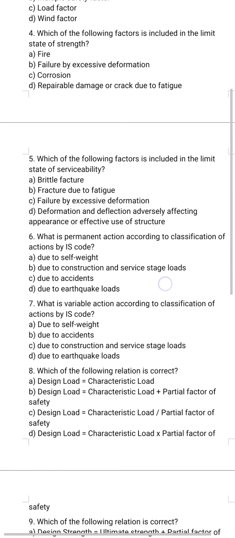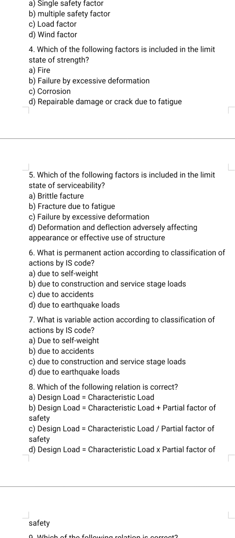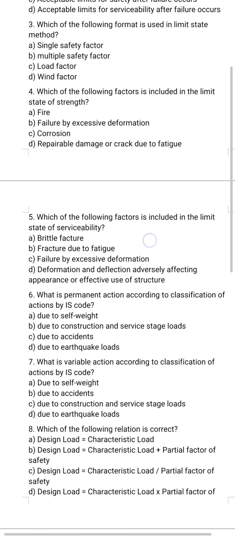So question number 5, which of the following factors is included in the limit state of serviceability? Limit state of serviceability includes deformation and deflection adversely affecting appearance or effective use of structures, vibration in structure or any part of it limiting its functional effectiveness, and repairable damage or crack due to fatigue, corrosion and fire.